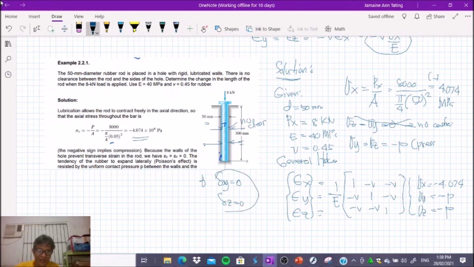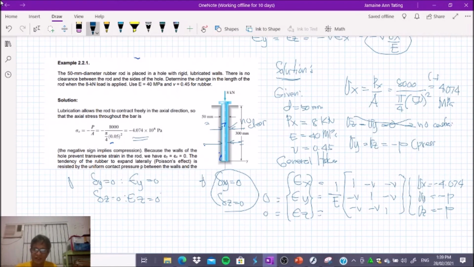Now, if those two are 0, this simply means that if the deformation in Y is equal to 0, it follows that the strain in Y is also equal to 0. If the deformation in the Z direction is also equal to 0, then the strain in Z is also equal to 0. So we are going to equate this to 0, and this also to 0.